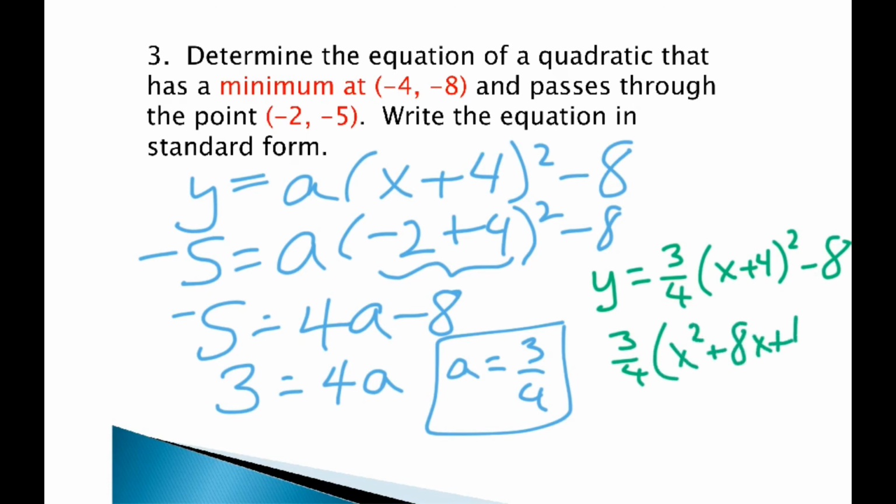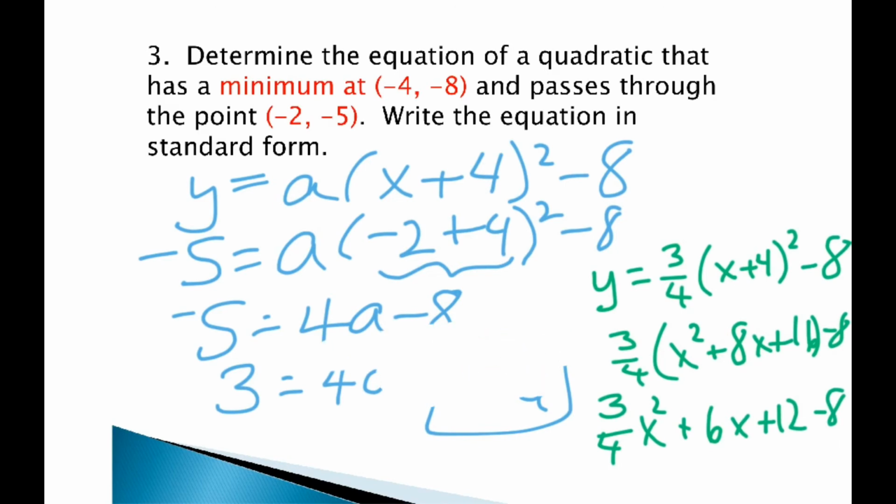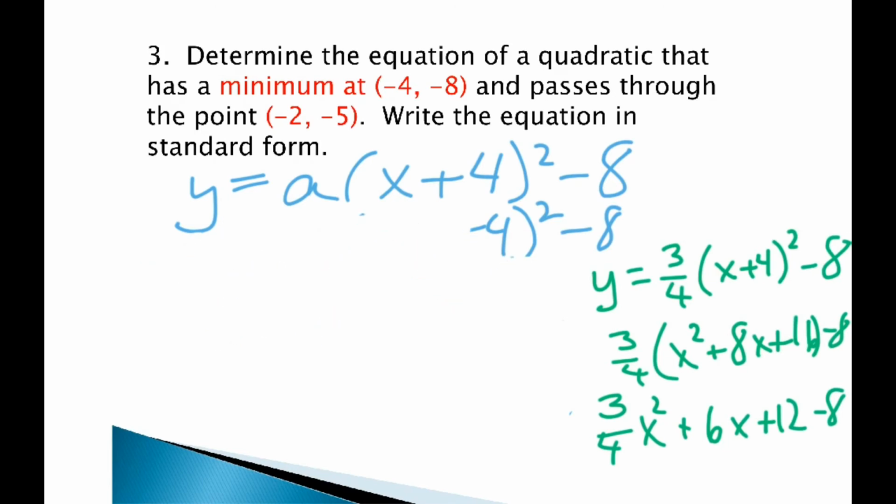So 3/4 times x squared plus, here's my 8x plus 16 minus 8. 3/4 of 8 is 6. 3/4 of 16 is 12. And so I'm running out of space. I'm going to erase some stuff.